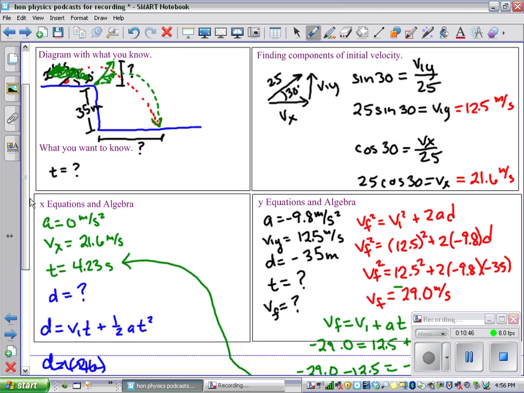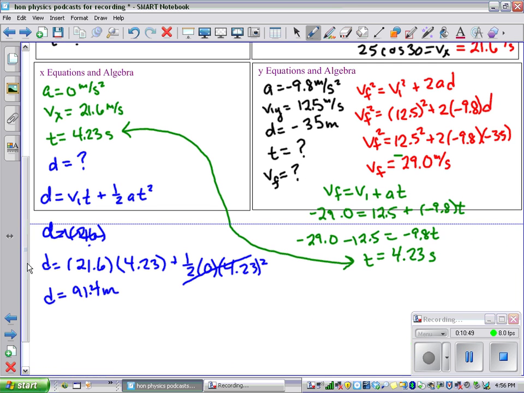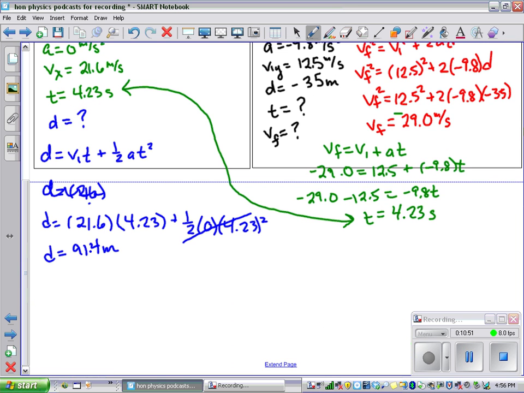Actually, let me redraw our picture down here since I made a little bit of a mess of it earlier. We had a cliff, like this, went down like this, and there was a golf ball right on the edge, and it went like this, like so. And let's see if we have solved for everything.